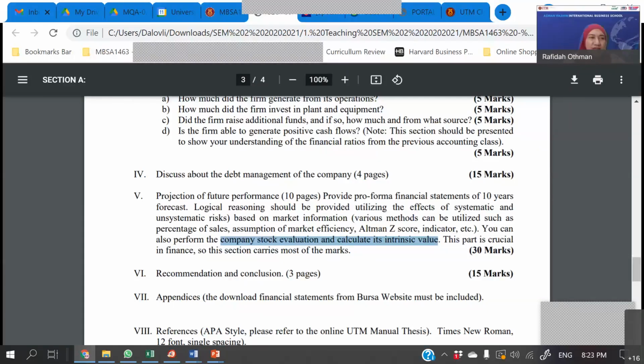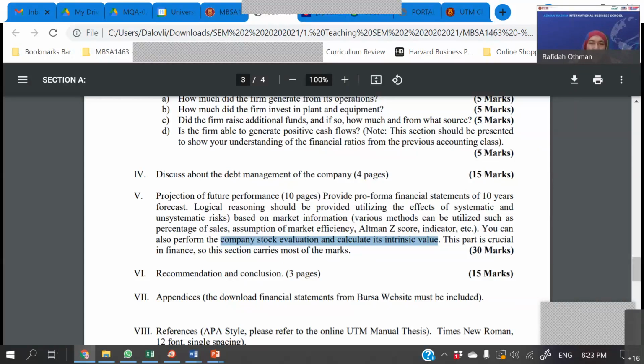So what you have to do is find the trend and look at the trend, and then you justify. You make some assumption. What I want to see is just your assumption, and with that assumption, you can forecast the next 10 years pro forma financial statement.